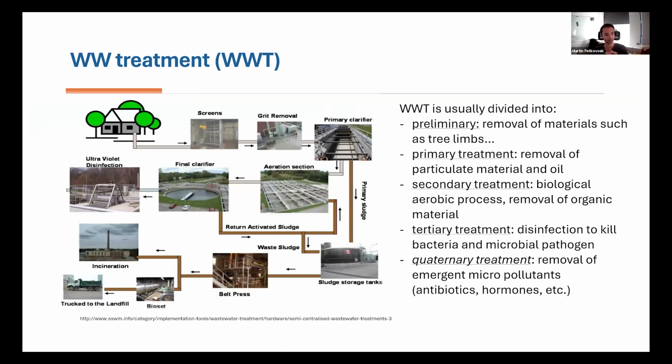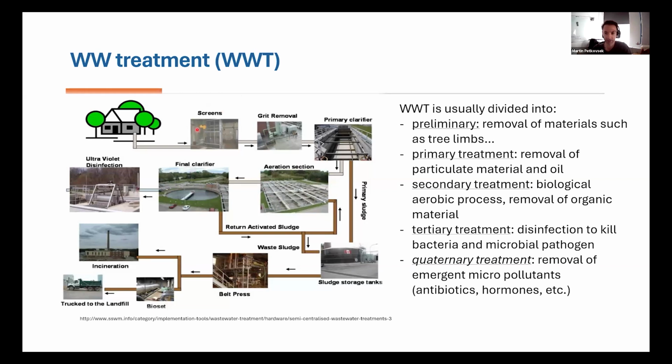So here on the slide, we have a schematic presentation of how a conventional wastewater treatment plant actually works. Here we can see a typical wastewater plant and its stages. Conventional wastewater treatment usually consists of 3 stages: preliminary stage, primary stage, and secondary stage of treatment.